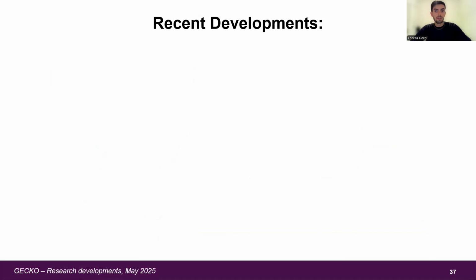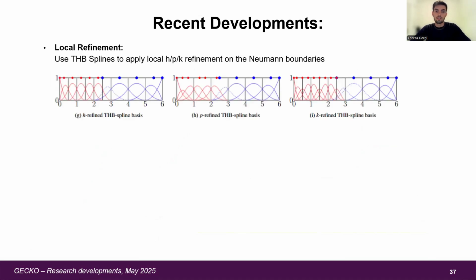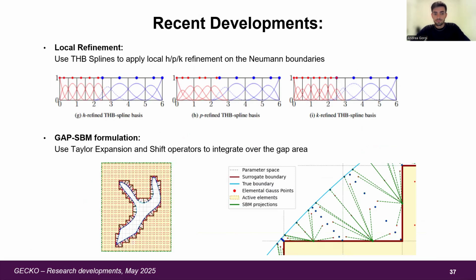So some recent developments are the application of local refinement by means of hierarchical B-splines to the shifted boundary method, that hopefully will be presented in next videos, and the use of a new concept of the shifted boundary method formulation that also tries to integrate on the cut cells, let's say, by means of Taylor expansion of the basis function from the interior elements.